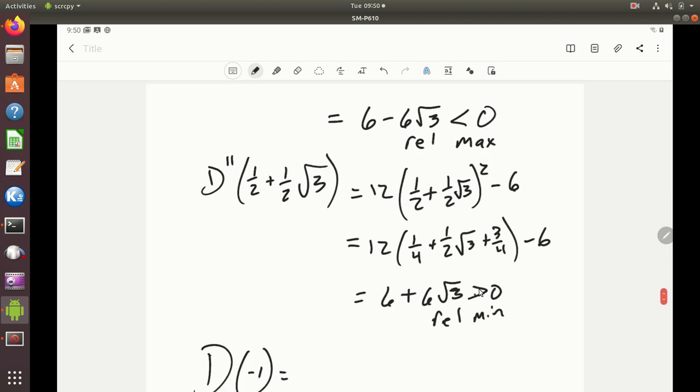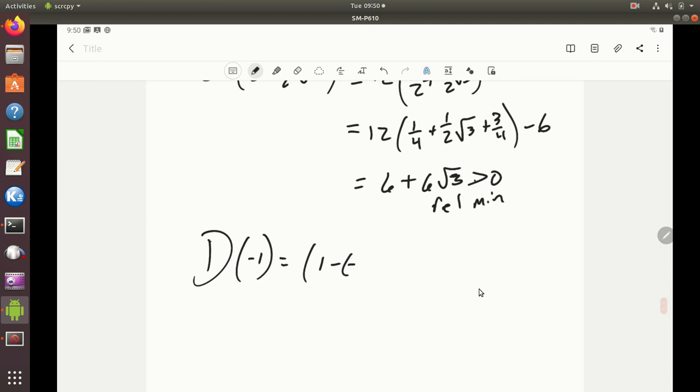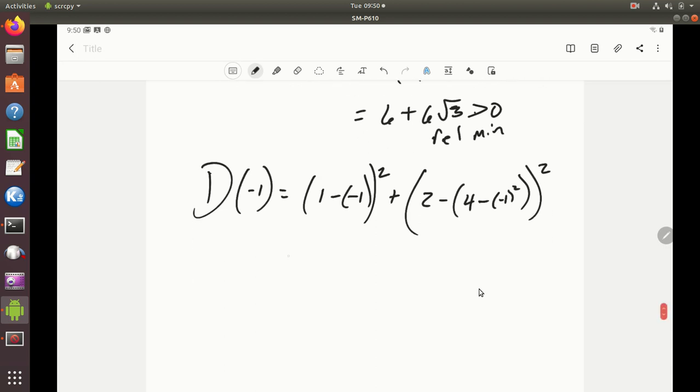All right, so that's our 1 minus a -1 squared plus our 2 minus 4 minus -1 quantity squared there, and so that's 2 squared plus 4 minus 1 is 3, 2 minus 3 is -1, and so I'll get -1 squared, and so I get 5 for that distance squared.